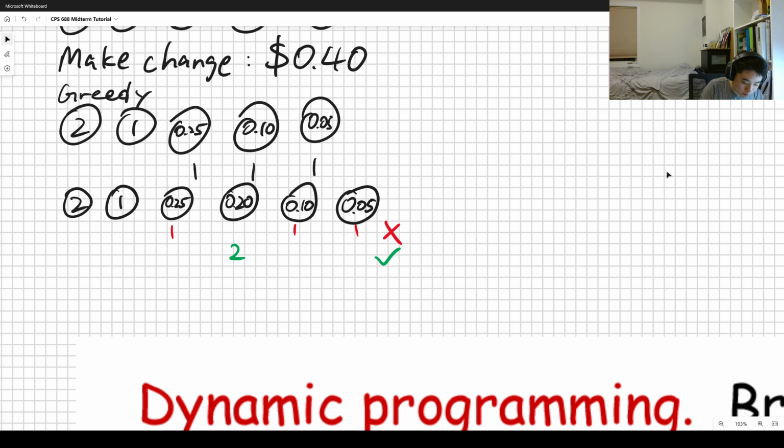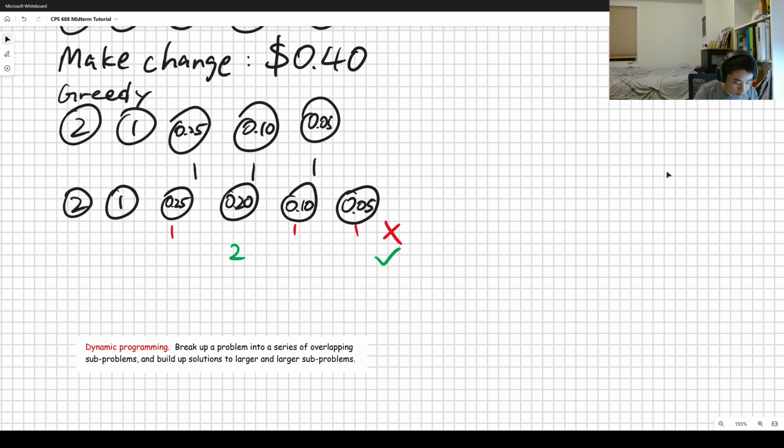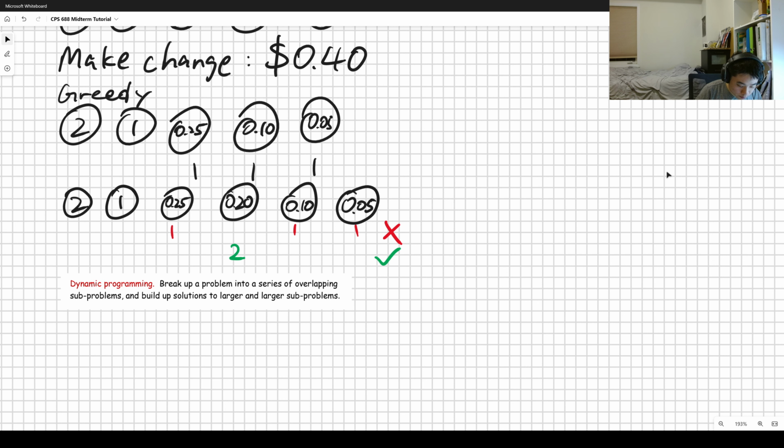Okay, there you go. So overlapping subproblems. We break it up so that pretty much we are solving for the same thing, but at a smaller number, and then we're going to keep building up the solution until we reach the target. So that is how I would interpret this.